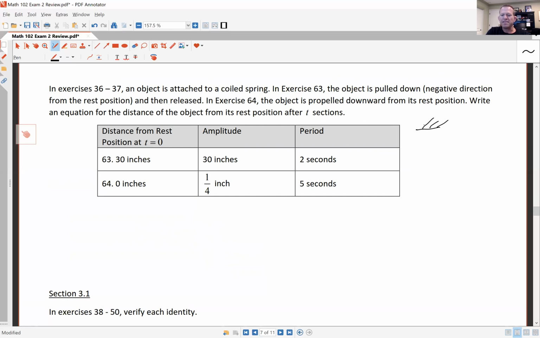In 63, we said the object is pulled down. Here's its rest position. We pulled it down and then released it.